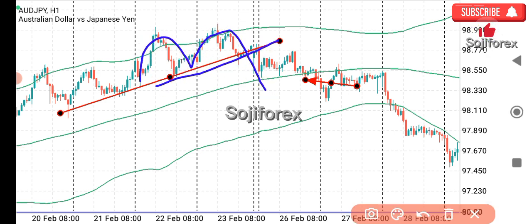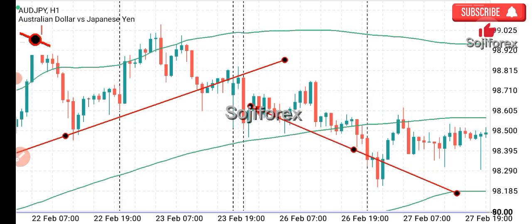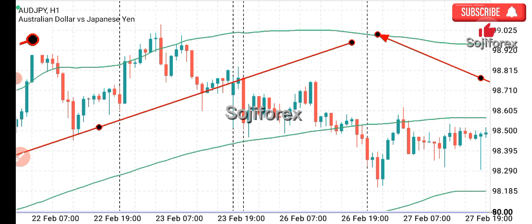So this is broken, and upon the retest to this point, we use our candlestick formation to make our entry. So this movement, this is a retest. This comes down now. So this is a pullback. What we are seeing here is a pullback.